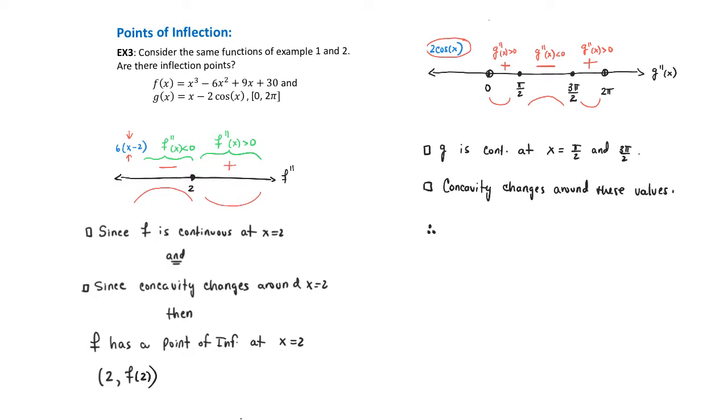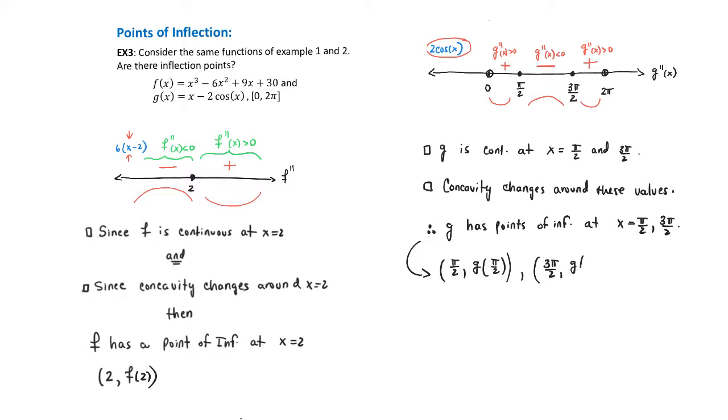Therefore, indeed, g has points of inflection at x equals pi over 2 and 3 pi over 2. And those points of inflection are going to be pi over 2, comma, g of pi over 2, and then 3 pi over 2, comma, g of 3 pi over 2.